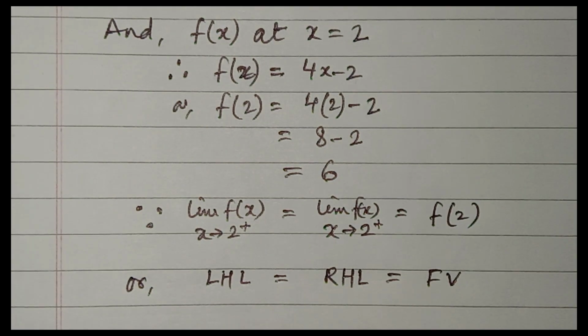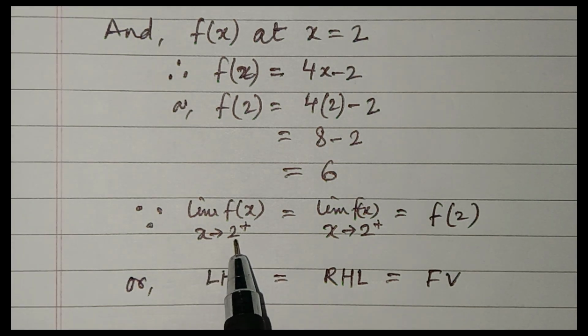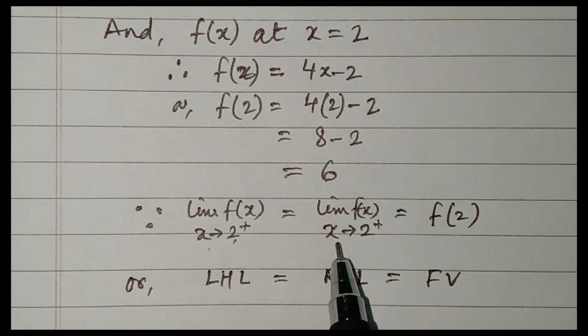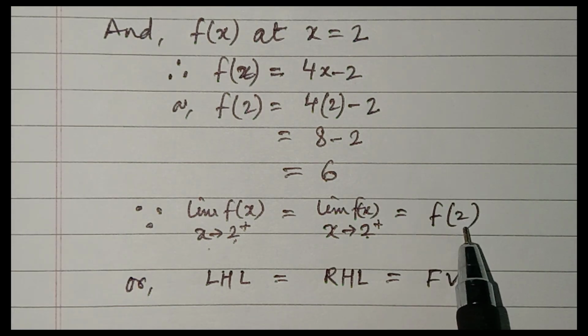No problem, because when you are going to check the continuity of a function, the only condition is that the left hand limit at that point, right hand limit at that point, and the functional value at the same point should be equal. So here the left hand limit when x is approaching 2, the right hand limit when x is approaching 2, and the functional value when x is 2, all these things are equal.